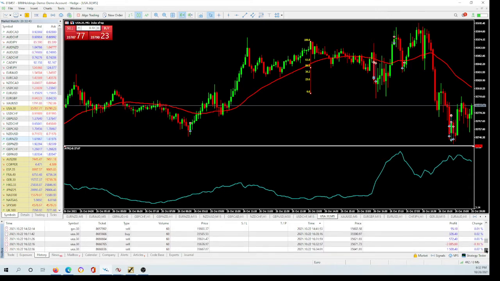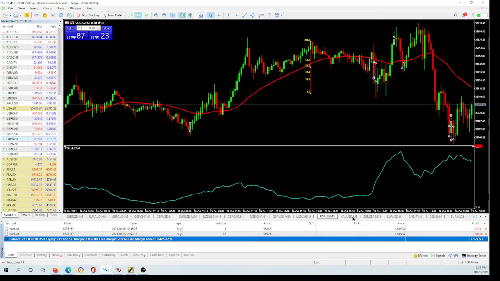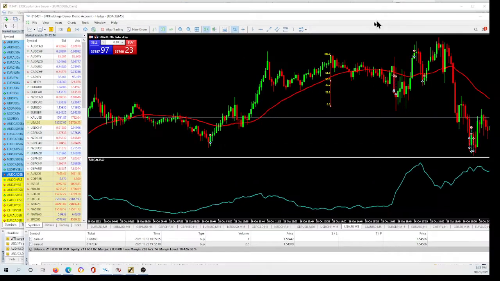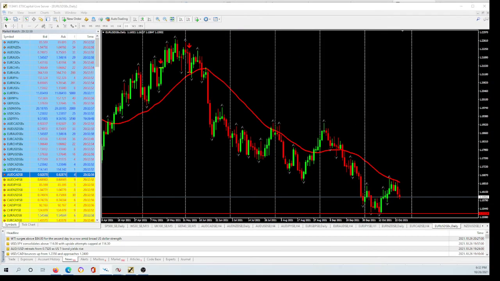And I sit down and I'm so happy because when they come, you're going to make so much money. The reason is because you know where, we were talking about the US 30, and I'm going to show you. You know where the demand order is, you know where the supply zones are, you know where the demand zones are. So you just take your trades.